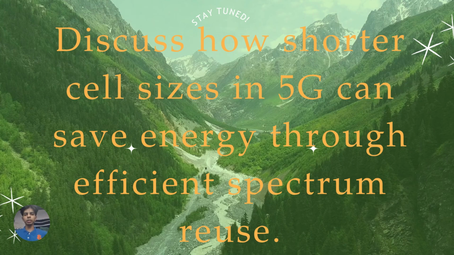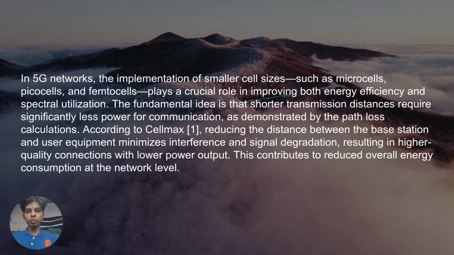The second question, discuss how shorter cell size in 5G can save energy through efficient spectrum reuse. Firstly, in 5G networks, the implementation of smaller cell sizes such as microcell, picocell, and femtocell plays a crucial role in improving both energy efficiency and spectral utilization. The fundamental idea is that shorter transmission distance requires significantly less power for communication, as demonstrated by the path loss calculations.